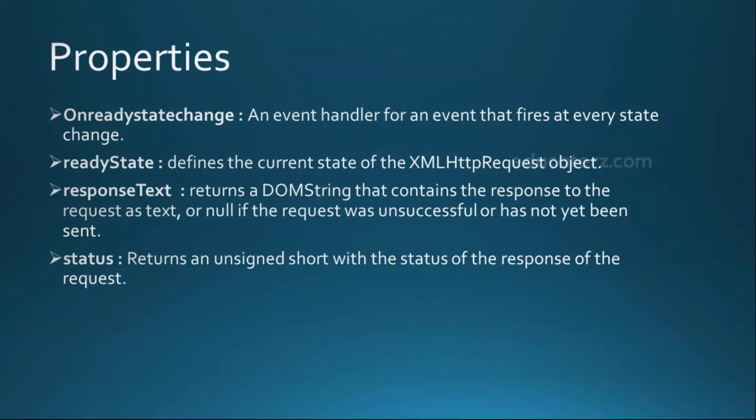So response text contains the data returned from the server in the form of a string or text. Coming to status, it returns an unsigned short with the status of the response of the request, like 200 or 300. So it returns the current status of that request.